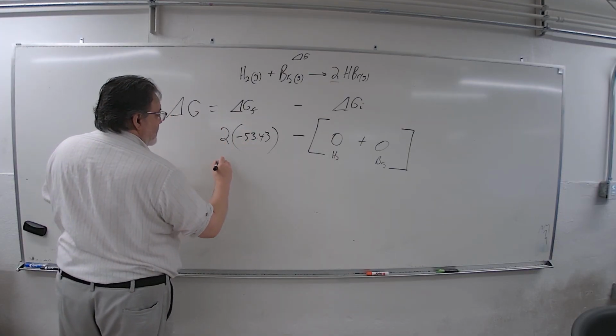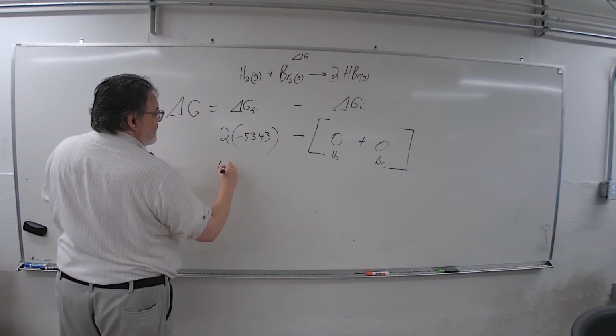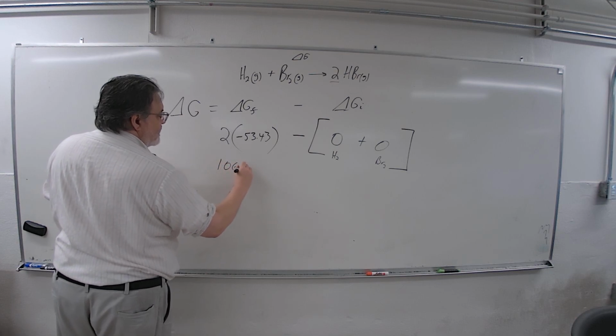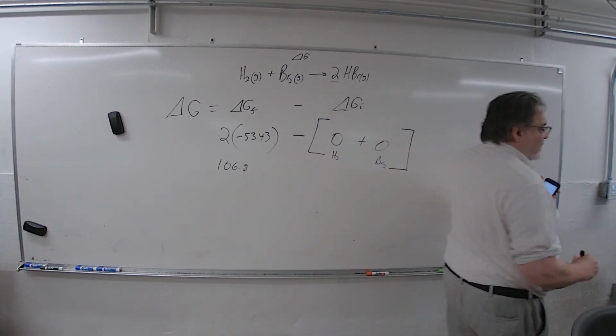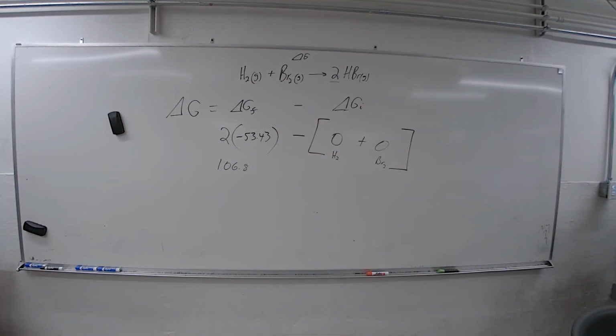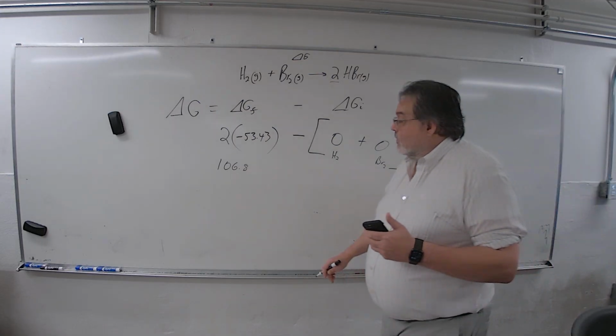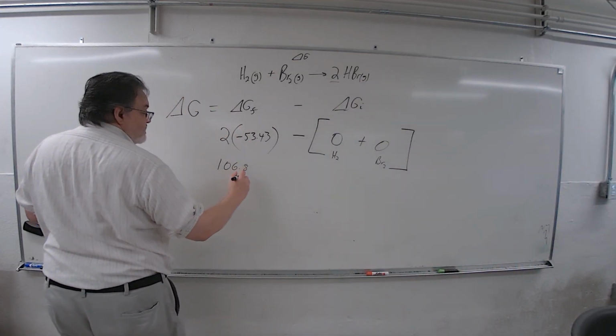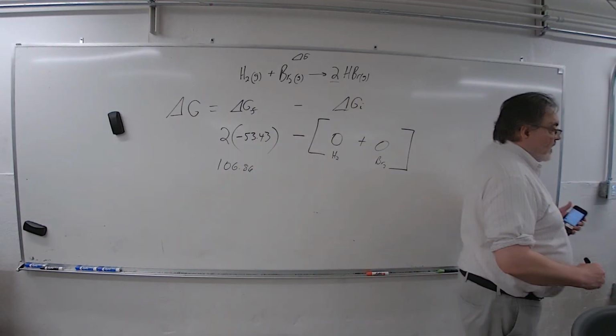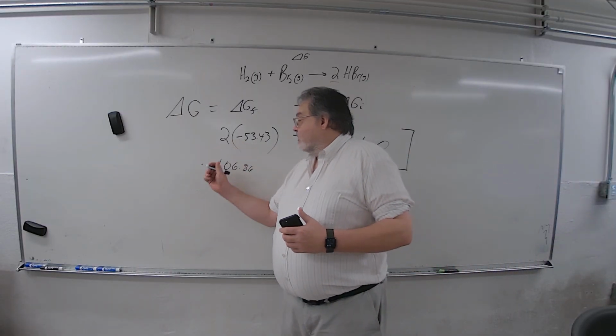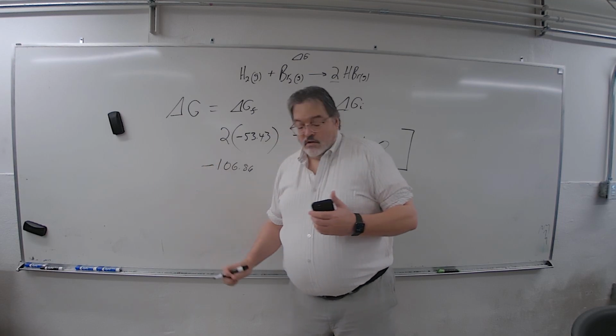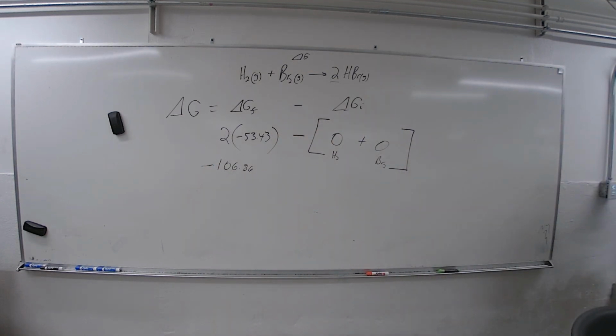So 2 times 53 is 106.8. So negative 106.8. And it is negative. These are exactly the same as the delta S.